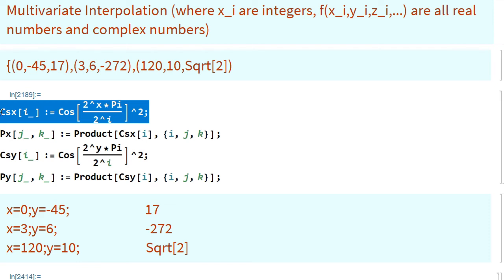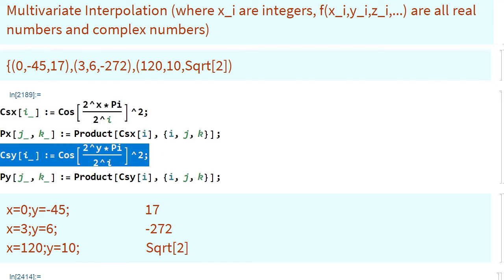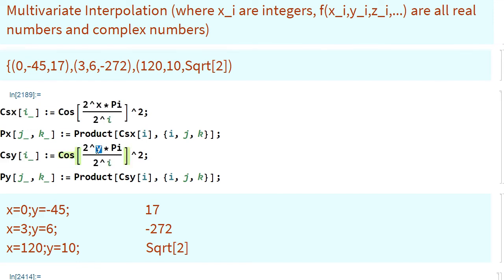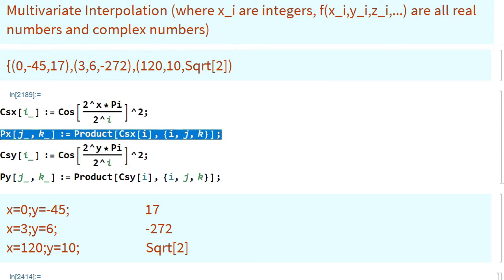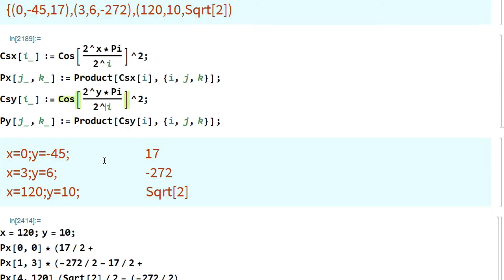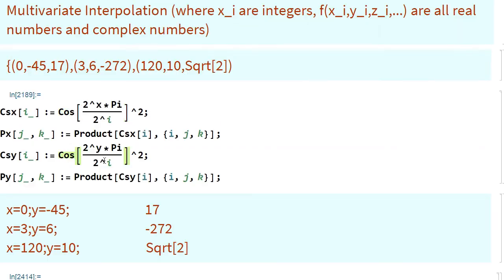So an expression for x, an identical expression for y, except I just changed the variable from x to y. And then I have to define a px and py for each of the cx and cy. So this is the idea behind the multivariate, is that what we saw before in the derivation for the univariate case.